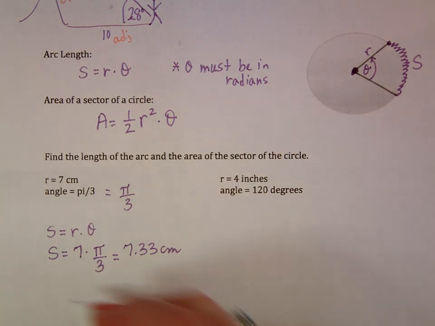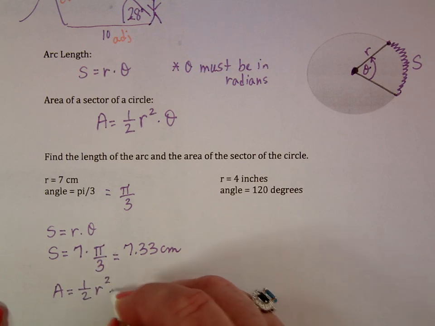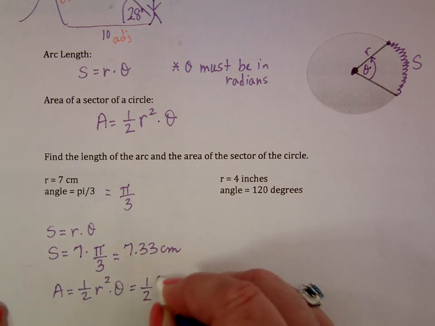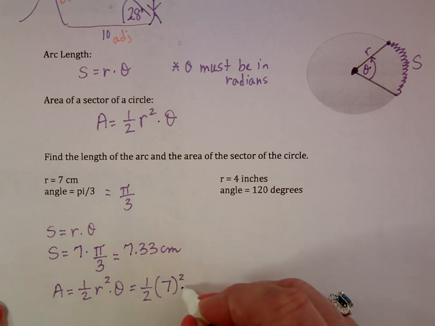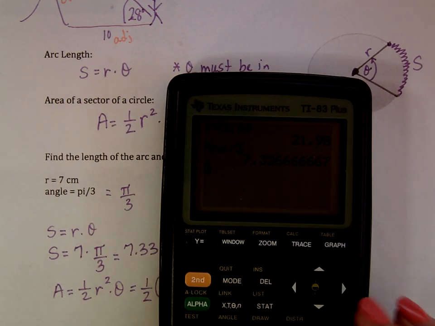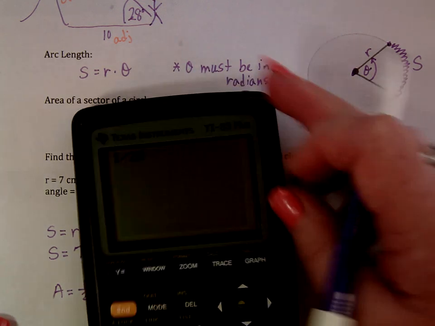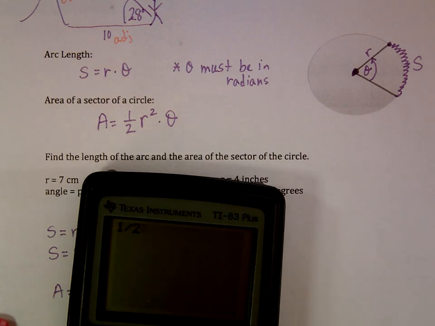But I also want to figure out the area for it. So the area formula is 1/2 r squared times theta, 1/2 of 7 squared times theta, pi over 3. That's a little more input into my calculator, but it's really not that big a deal. So if I do 1 divided by 2 times, in parentheses, 7 squared.